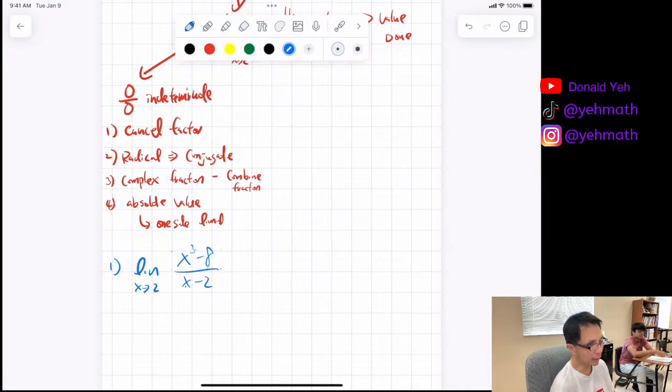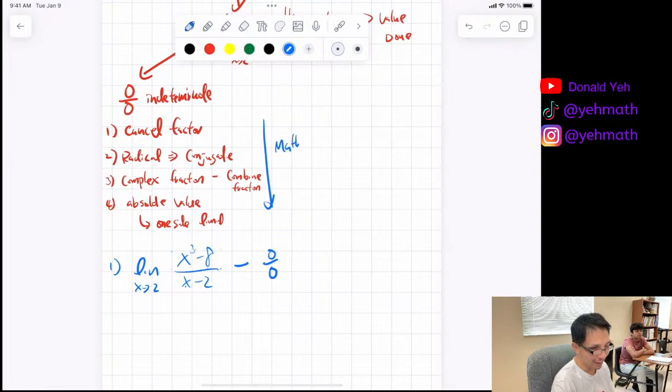What happens if I plug in 2? So 0 over 0, that means you're going to do some type of math. What can I do with this? Well, we can start with the first choice, cancel factor. Do you know how to factor this?